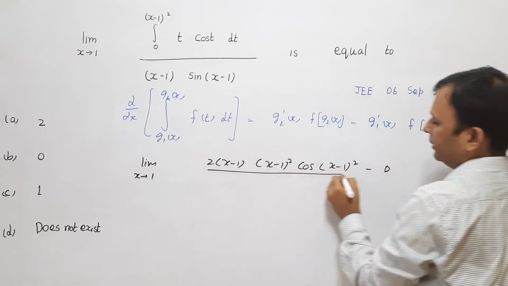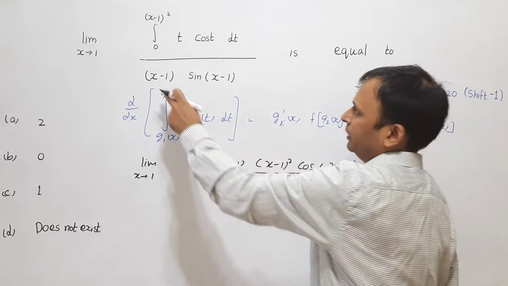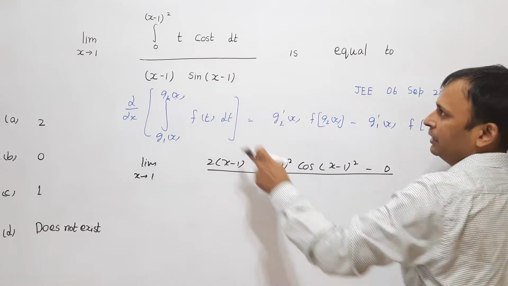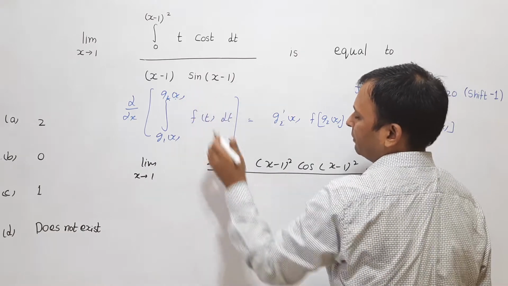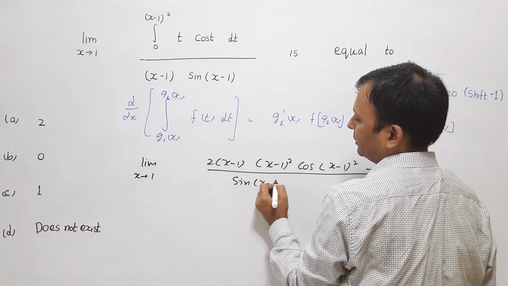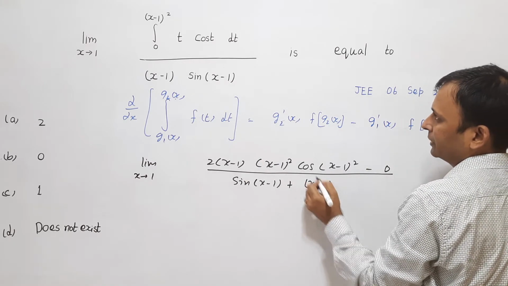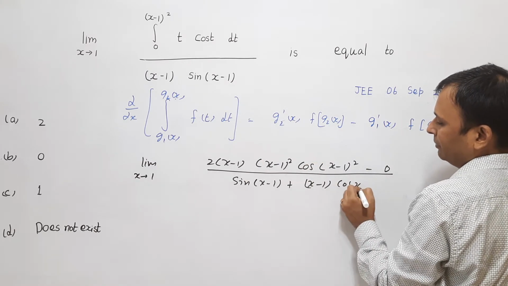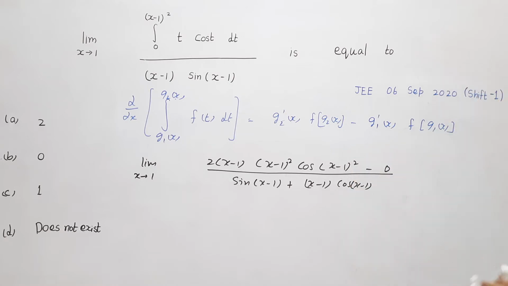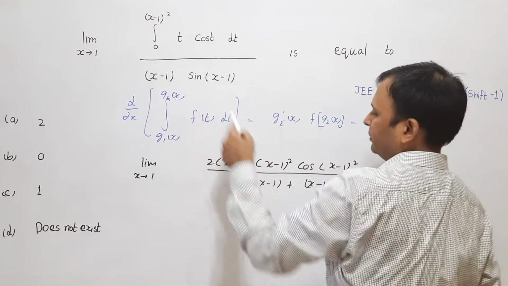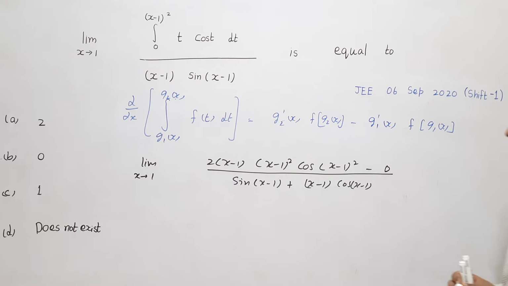And in the denominator, the derivative of (x minus 1) is equal to 1 multiplied by sine of (x minus 1), plus (x minus 1) into the derivative of sine (x minus 1), which is cos of (x minus 1). So using the product rule, we can find the differentiation of the denominator.